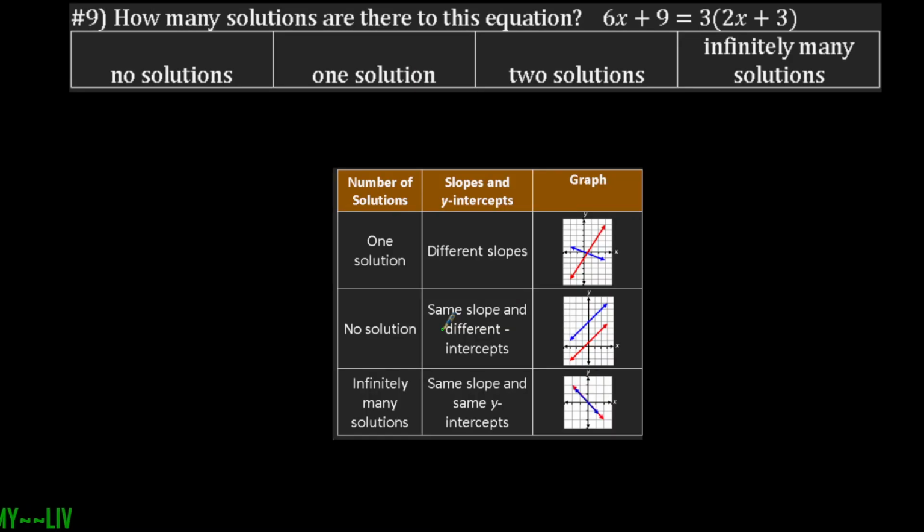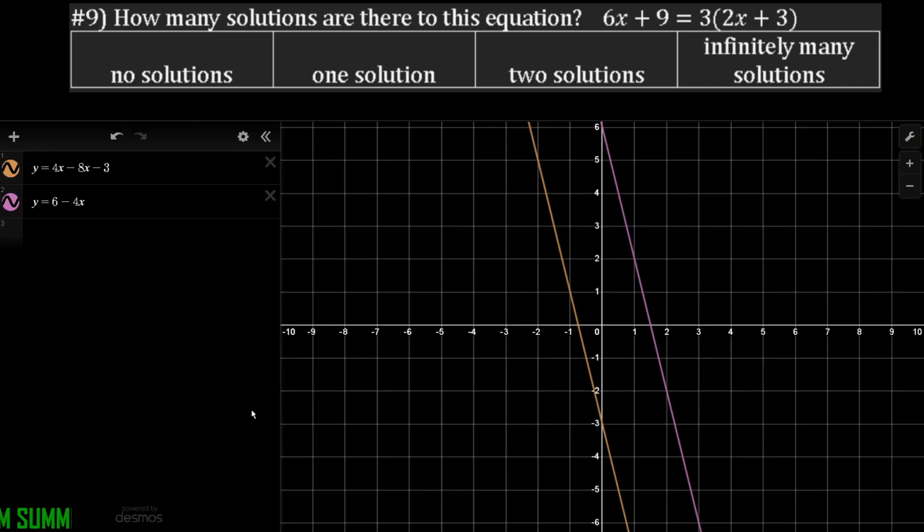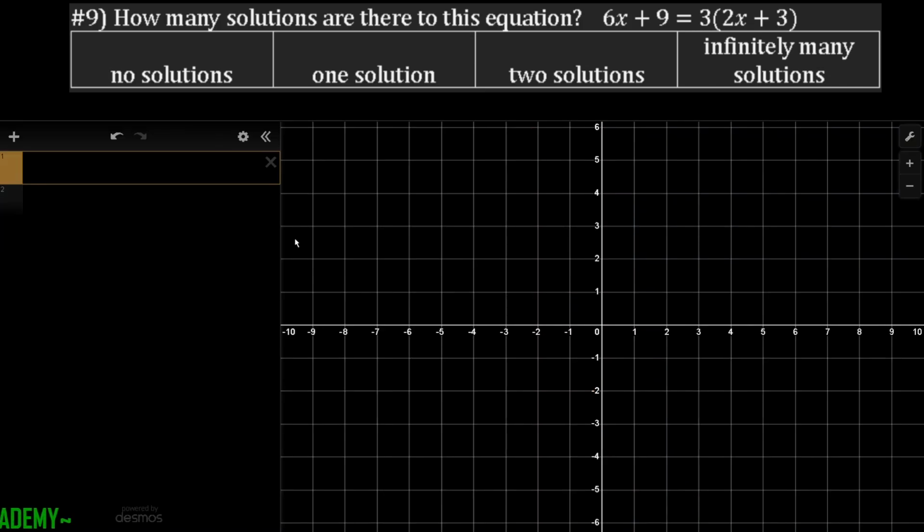And the last one on the front page, it says how many solutions are there to this equation. So it gives us our system, and same thing, we're going to graph each side on Desmos and see what we have. So let's pull up our calculator, clear this out. I type in my left side, reading like a sentence from left to right.